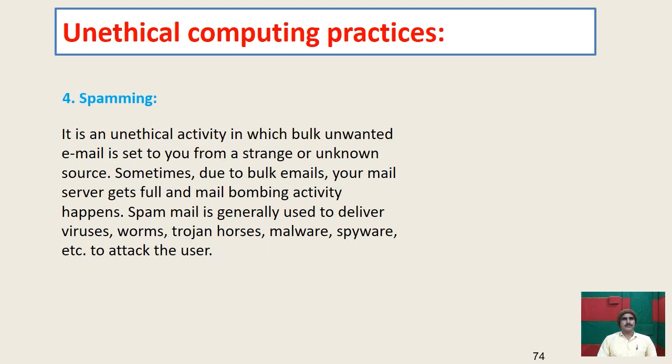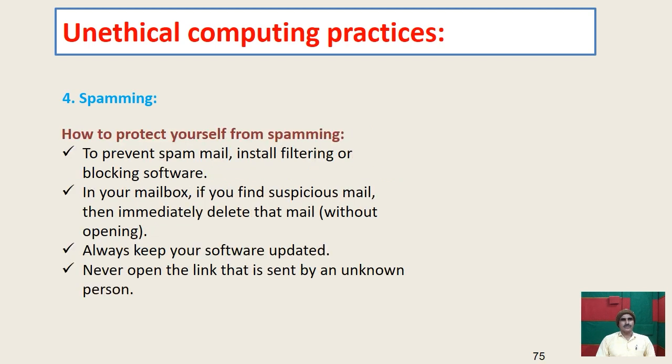Number 4 is spamming. What is spamming? It is an unethical activity in which bulk unwanted email is sent to you from a strange or unknown source. Sometimes due to the bulk emails, your email server gets full and a mail bombing activity happens. Spam mail is generally used to deliver viruses, worms, Trojan horses, malware, spyware, etc. to attack the user.